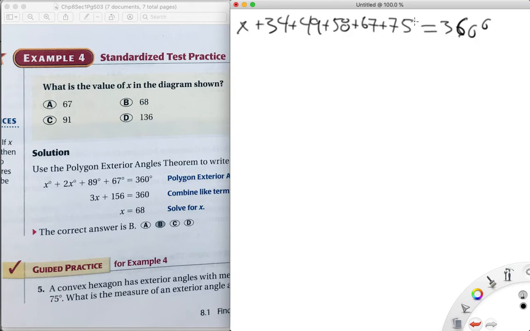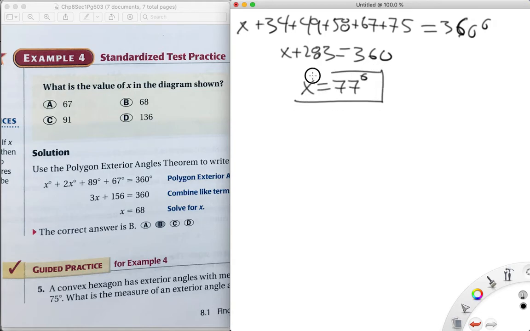Combine the like terms, and I get x plus 283 equals 360 degrees. I subtract out the 283 from both sides, and I get that x is equal to 77 degrees.